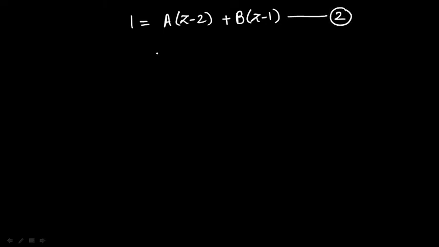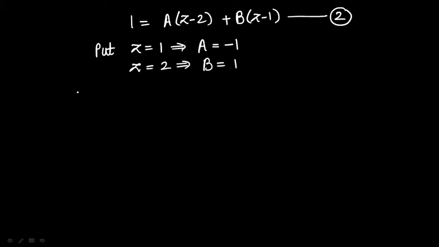Now we solve this and find the constant values a and b. For this we put z equal to 1 in equation 2, and then we get the value of a equal to minus 1, and substituting z equal to 2, we get the value of b equal to 1.